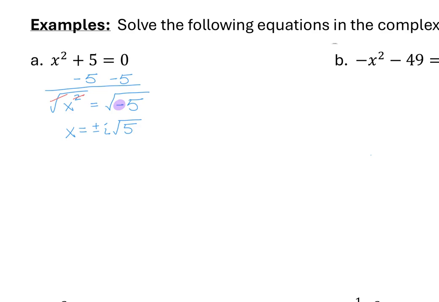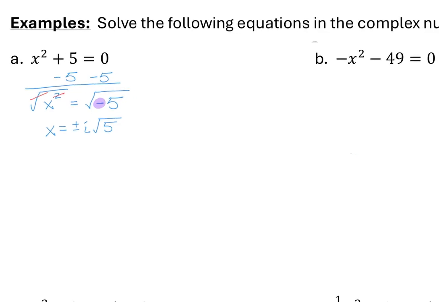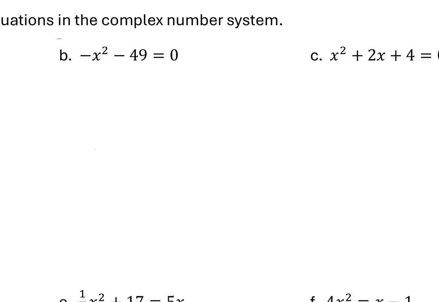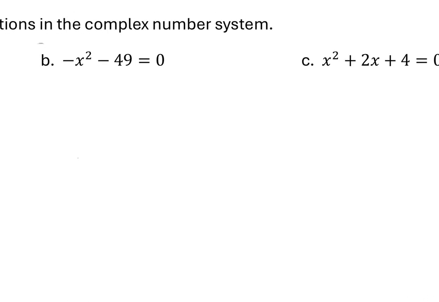All right, let's look at a couple more. Let's come over to example B. This is also set up for square root property. And so we can go ahead and isolate our squared thing. We want to move everything that's outside to the other side.